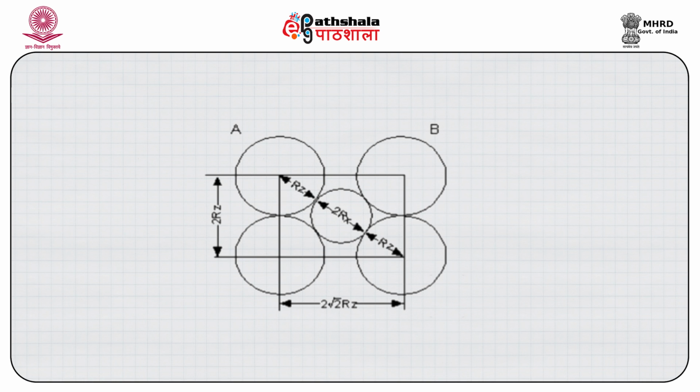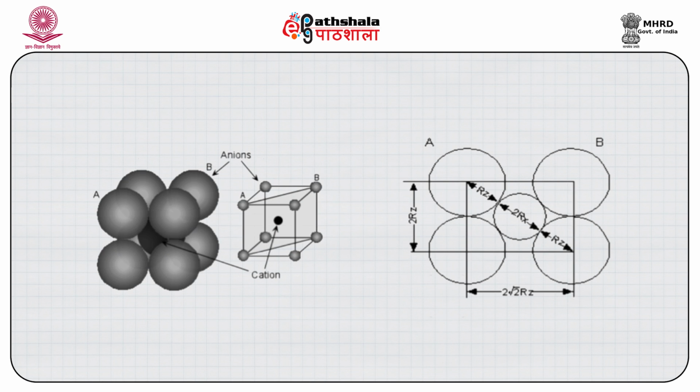In the limiting condition, there will be 8 anions touching the cation when the r x by r z ratio is 0.732. For r x by r z less than 0.732, the cation will be too small, or we can consider that it will rattle at this site and the structure will have to change to a lower coordination.